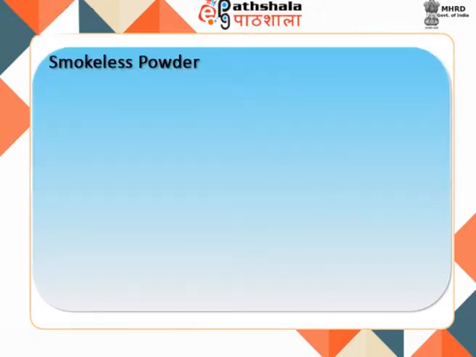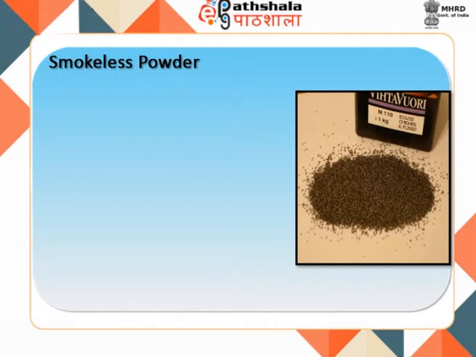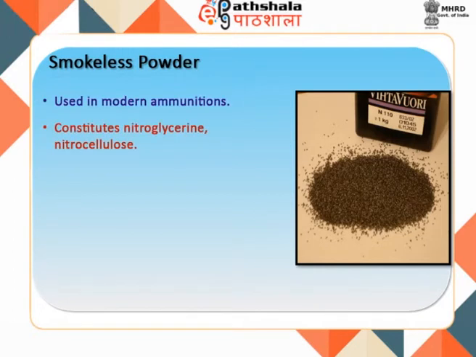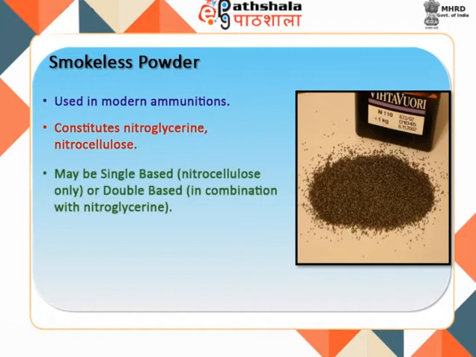Smokeless powder. These are used in modern high-velocity ammunitions. The basic constituents of the smokeless powders are nitroglycerin and nitrocellulose, that is gun cotton. Nitrocellulose is either used alone or in combination with nitroglycerin to form propellants.